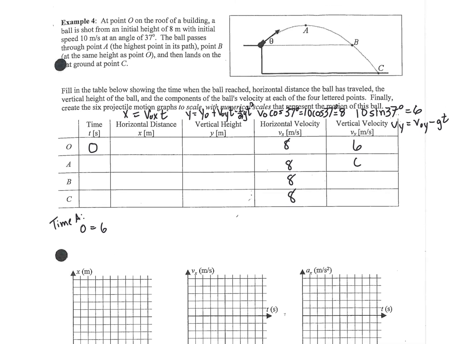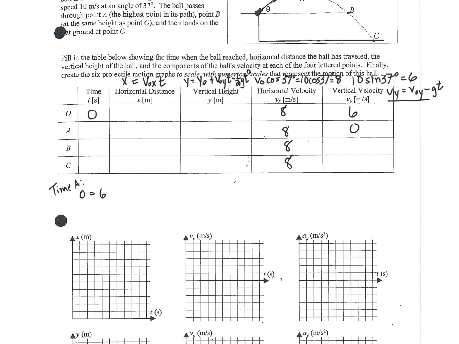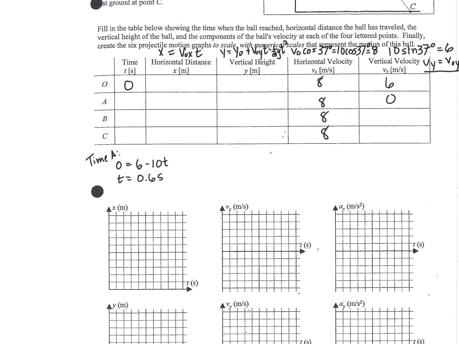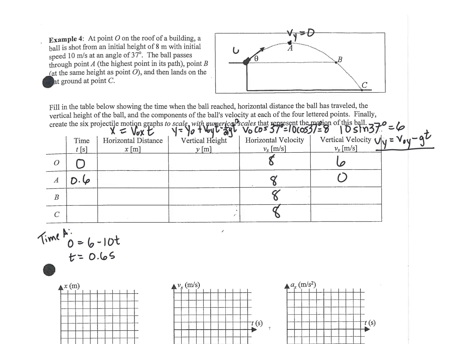Because the vertical velocity at A is 0, because it's at the peak, isn't it? So the velocity in the y direction is 0 at this point. Okay, so we're using this equation, v sub y equals v naught minus gt, so 0 equals 6 minus 10 times t. So t is going to end up equaling 0.6 seconds. Oh, that's perfect. So if this is 0, and this is 0.6 seconds, then this has to be 1.2 seconds. We don't know what this is, so we're going to figure it out, because it's not going to be the same.